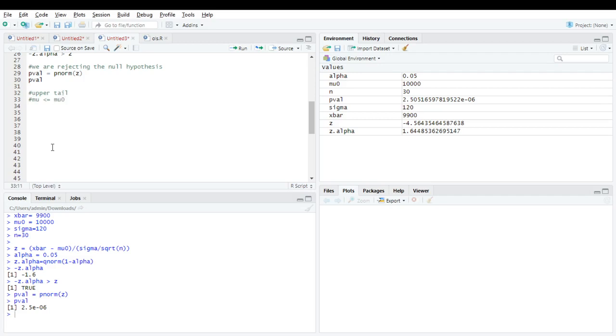In case of lower tail, what happens is that mu is greater than or equal to mu 0. Okay, and we are doing it again for known variance, so we'll be using ztest, right?